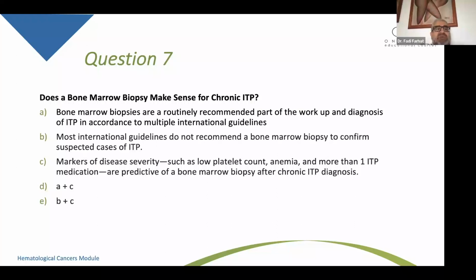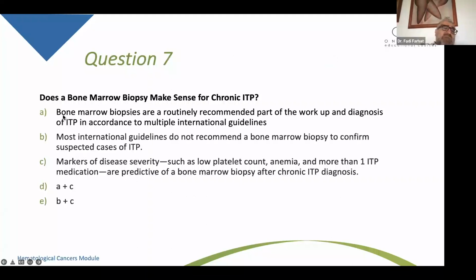Bone marrow biopsies are routinely recommended as part of the workup as per guidelines. Most international guidelines do not recommend it. Markers of disease severity such as low platelet count, anemia, and more than one ITP medication are predictive of a bone marrow biopsy after chronic ITP.